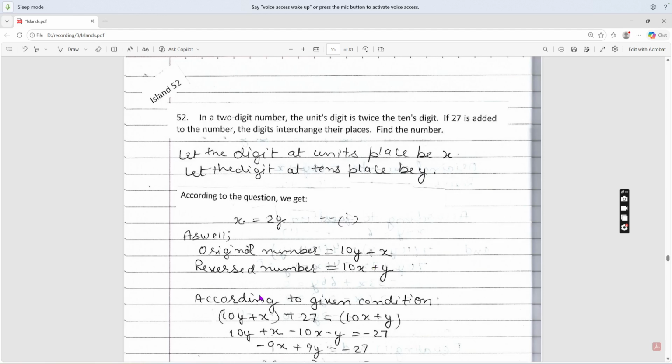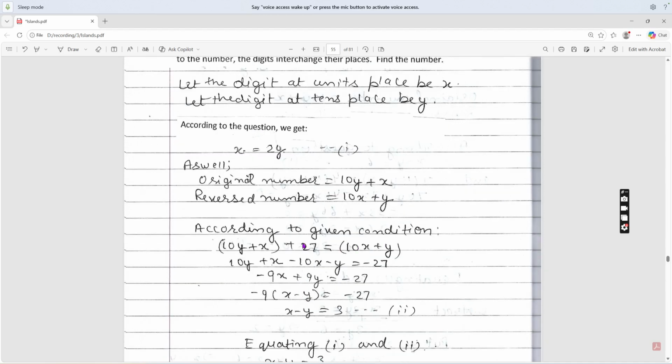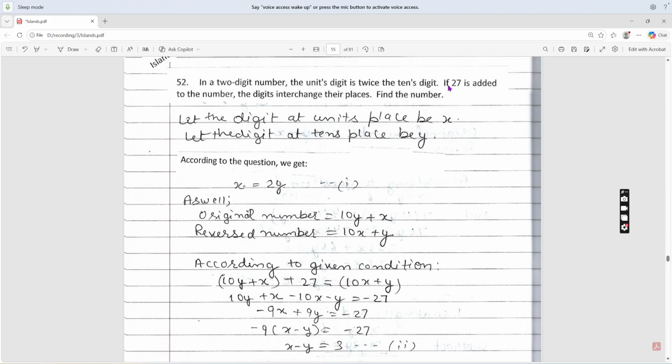So according to the next condition, if 27 is added to the original number, then the digits interchange their places. That is, 27 plus the original number, 10y plus x, and then the digits interchange their places. When the digits interchange their places, the number we obtain would be 10x plus y.